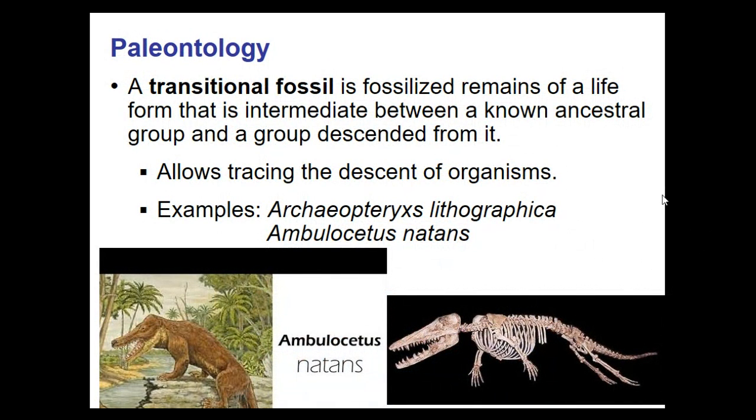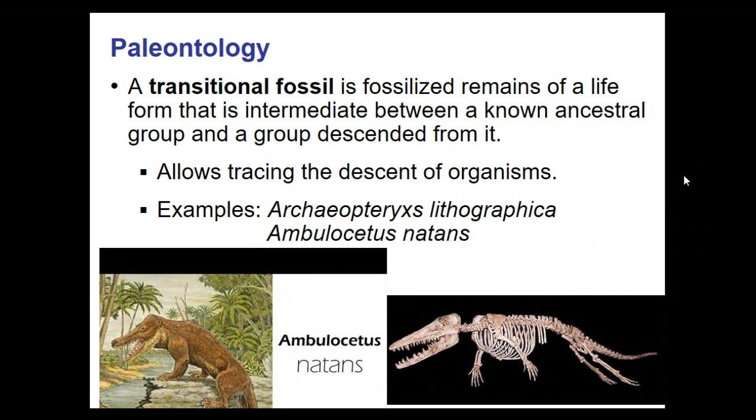These transitional or intermediate fossils are just a fossil that, when it is found, is the first one that we've ever found like it, and it's in between an earlier organism and a more recent organism.